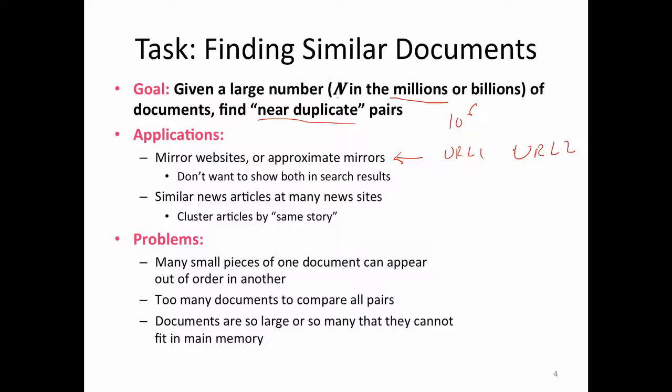This is one application. You may have millions or actually billions of web pages, and you want to find out which pairs of these are similar. The same thing can happen between news articles, for example.